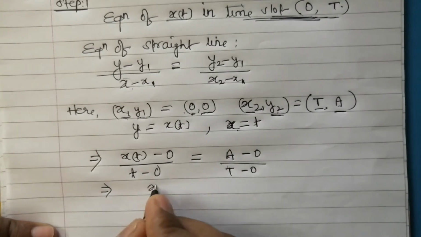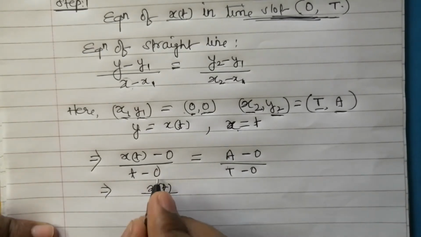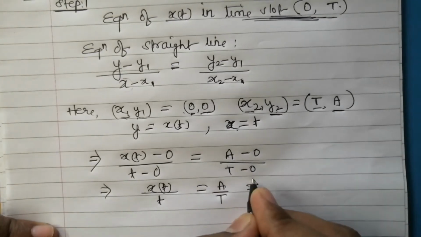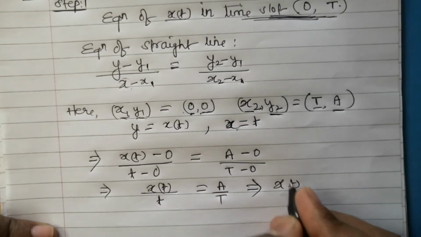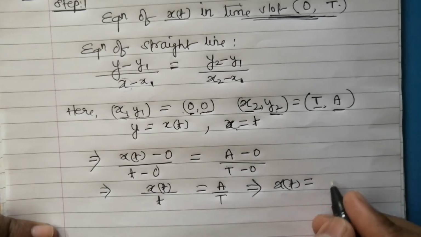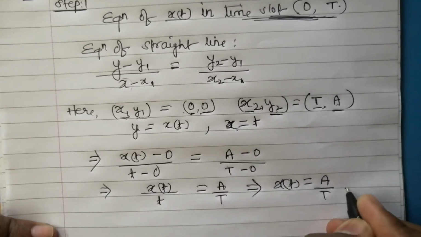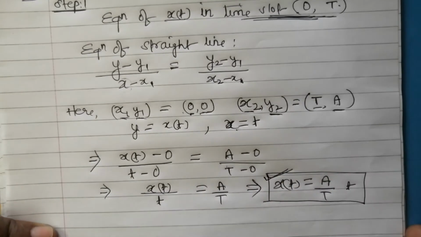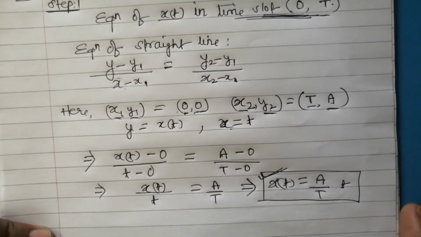On the LHS, x of t, and that is a upon t. So this implies x of t equals, this t will go on this side, a upon t times t. This way we have defined the equation of the given x of t waveform.